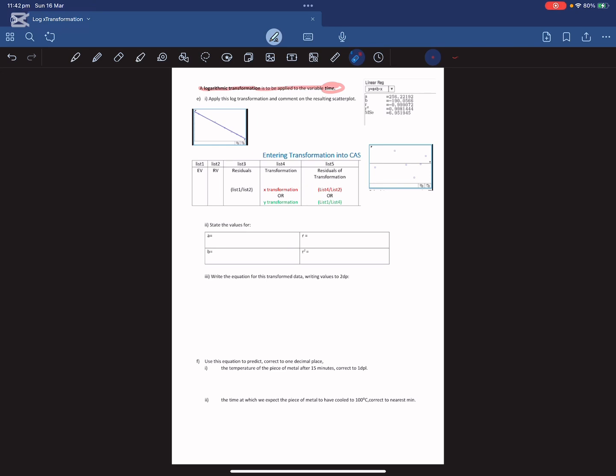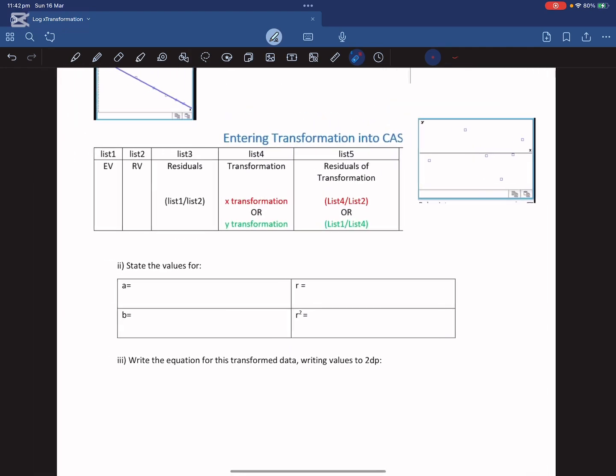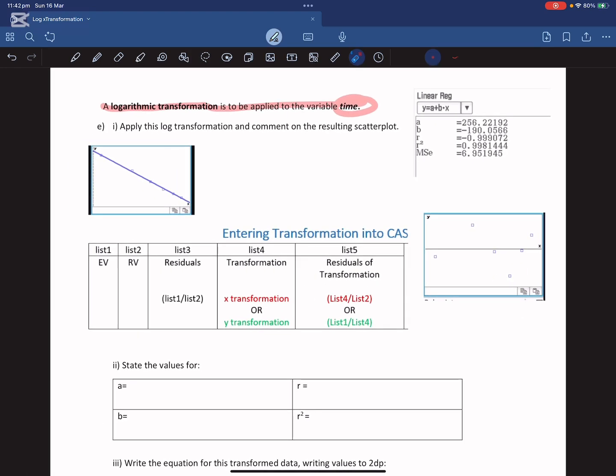So you may not get a beautiful shift that you may see in an exam question like this. All you need to aim to do is two things. You want to improve your R squared, so that means that you're bringing this closer to 1.